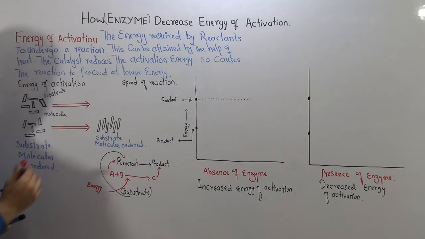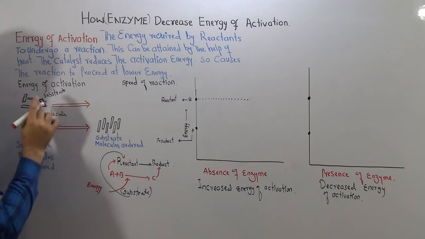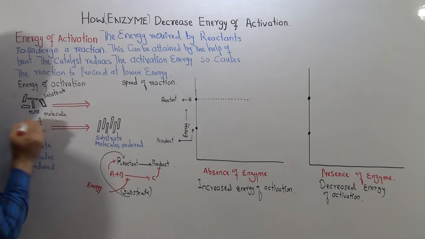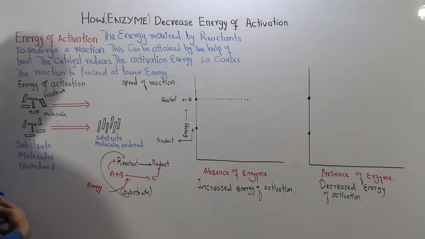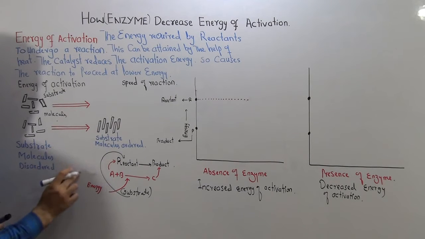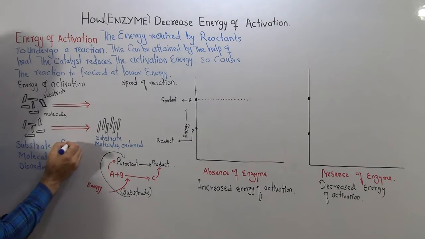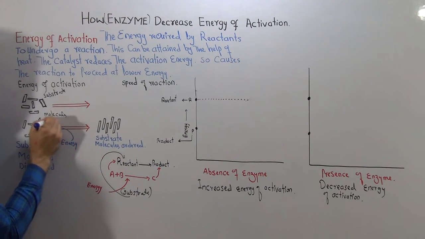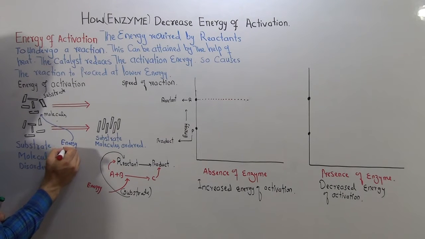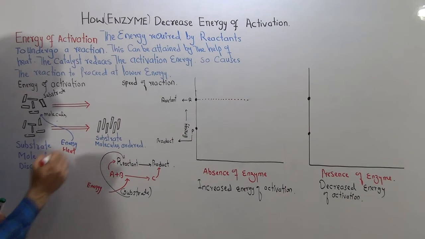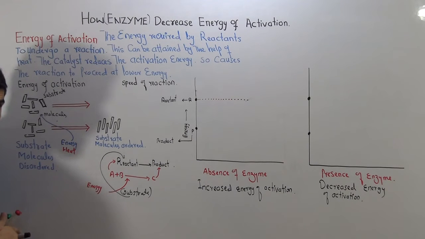So in order to start the reaction of the substrate molecules, we provide some amount of energy here. This is energy. We provide energy to these substrate molecules, and that energy could be in the form of heat if the enzyme is not there.